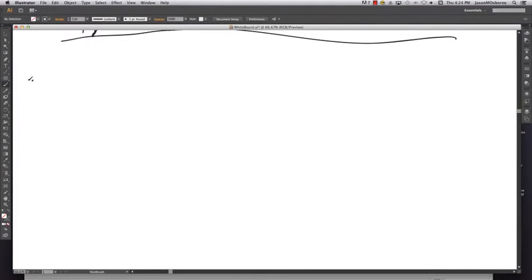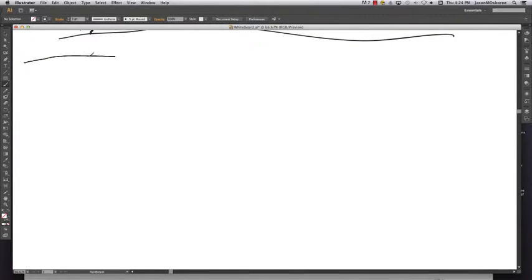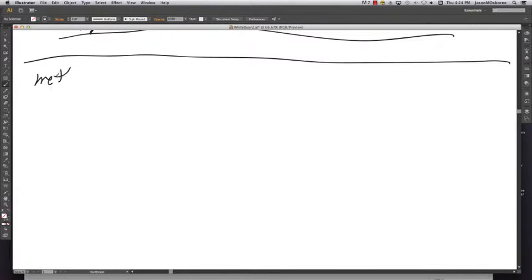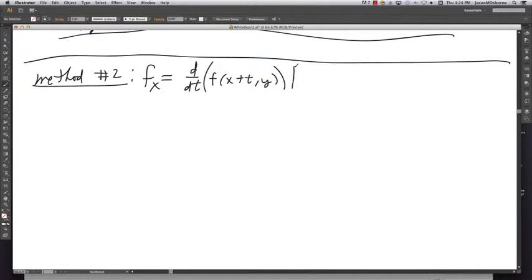There is another method, and I think one that will lend itself more to video 2, method number 2. This says that if you want to take the partial derivative of f with respect to x, what you do is you take a derivative with respect to t, evaluated at f of x plus t, comma y, and then evaluate this at t equals 0.